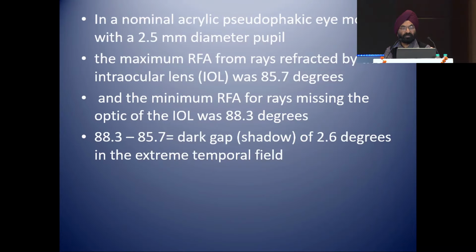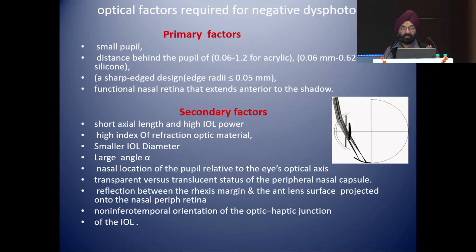What they found was that the maximum refracting angle from the rays refracted by the IOL was 85.7 degrees and the minimum was 88.3 degrees. So this difference of 2.6 degrees in the extreme temporal field is what is responsible. They have done some physics and found the factors required to develop negative dysphotopsia. It has been classified into primary and secondary factors.